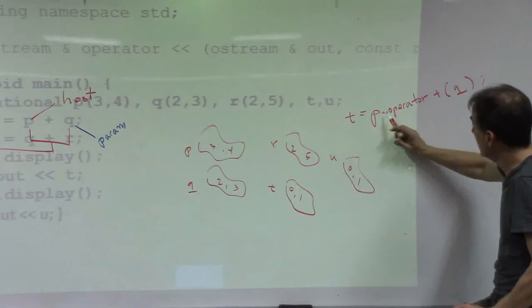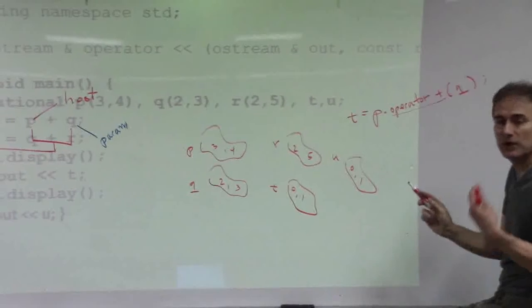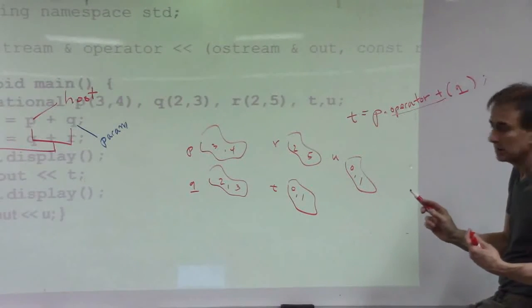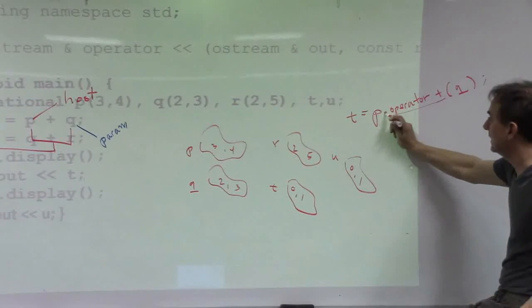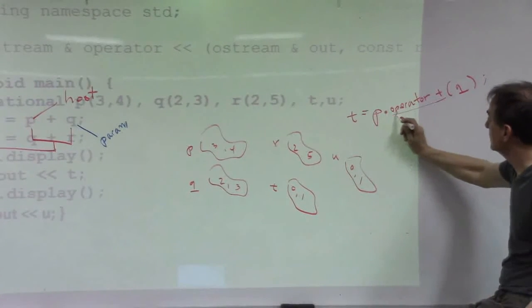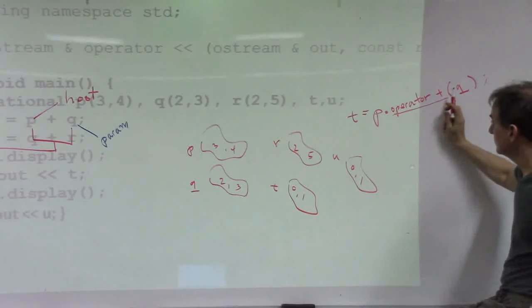P is calling operator plus, sending parameter Q. This looks very much like a method call, a very strange name, but a method call, because dot is member selection. You're selecting the operator plus member method, passing in Q.